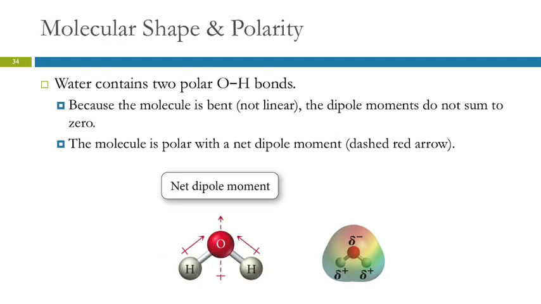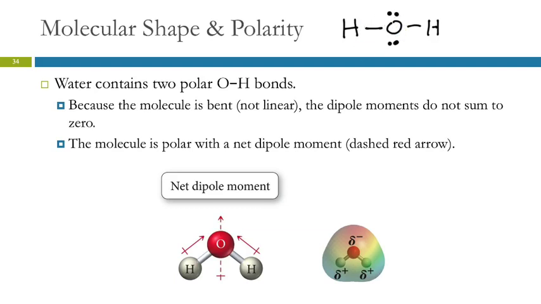If we look at water, water also has 3 atoms, contains 2 polar bonds, but the Lewis structure for water has lone pairs on the central atom. So when we look at that Lewis structure, we count 4 electron groups around the oxygen.